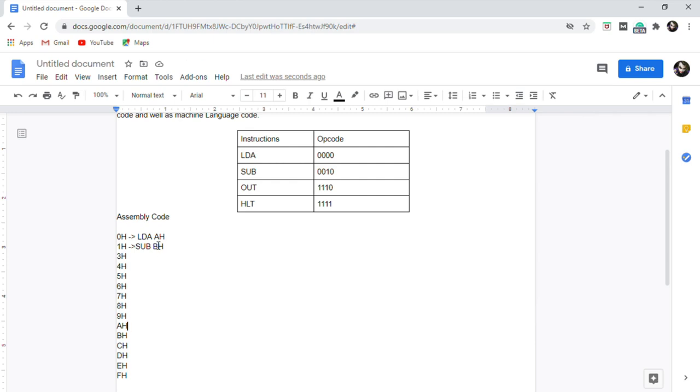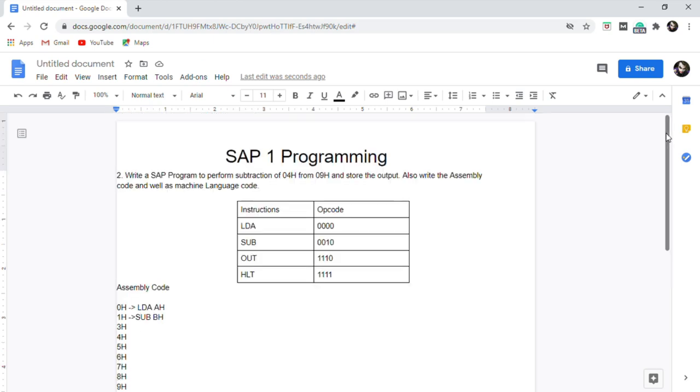So we have written here LDA AH. So I'm going to write actual data over here. This data we will take from the question, the 4H and 9H.